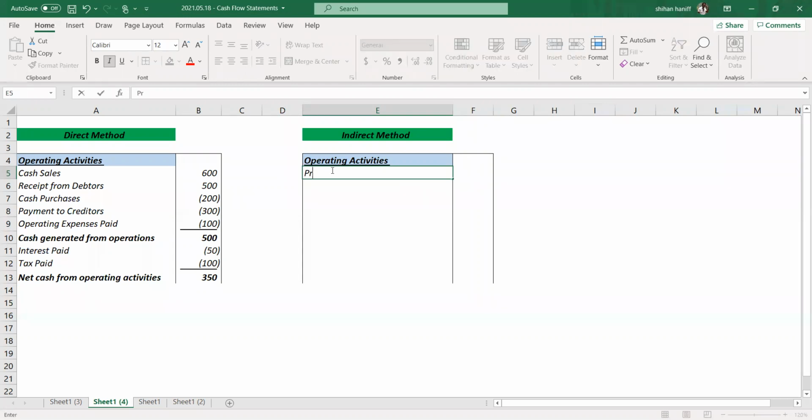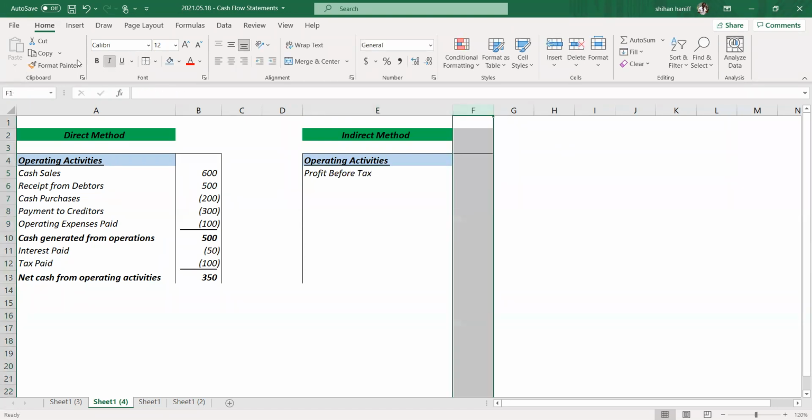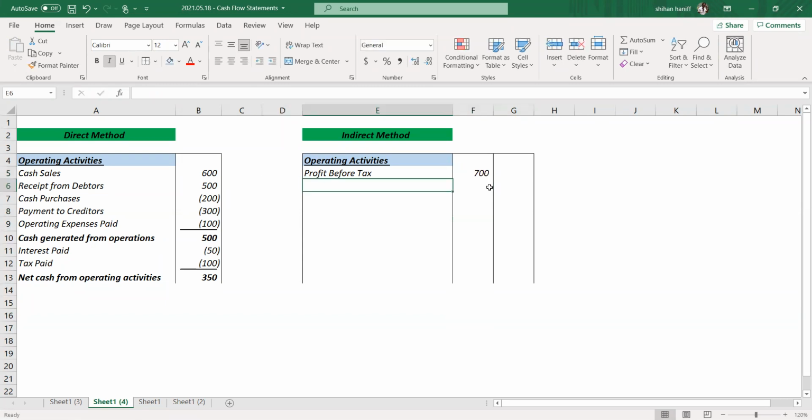So we take profit before tax. We say the profit before tax is 7. So for this, we will make adjustments. Right? And heading adjustments.